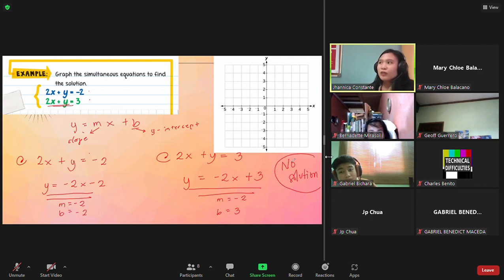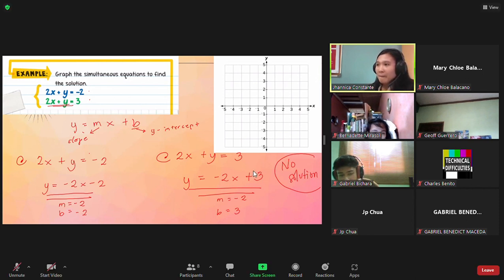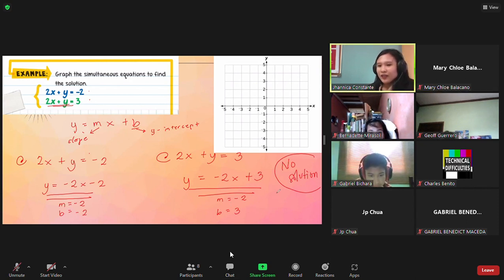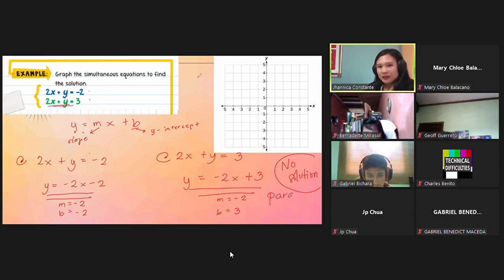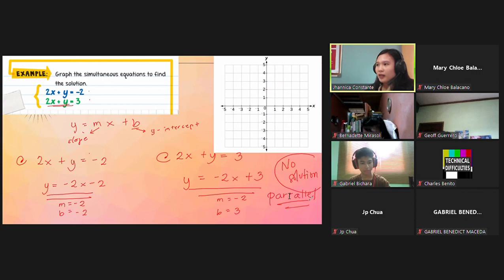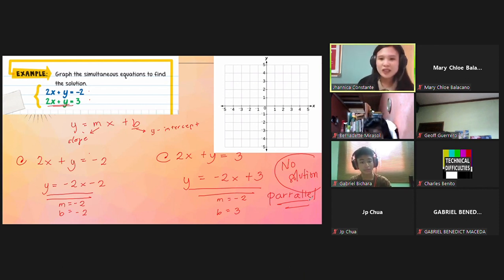If we graph a no-solution simultaneous equation, what will the graph look like? Parallel. The graphs of these two equations will be parallel. Since it doesn't have a solution, the graphs of the equations are parallel to each other.